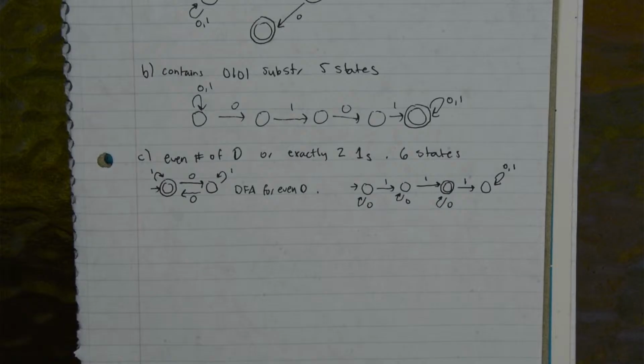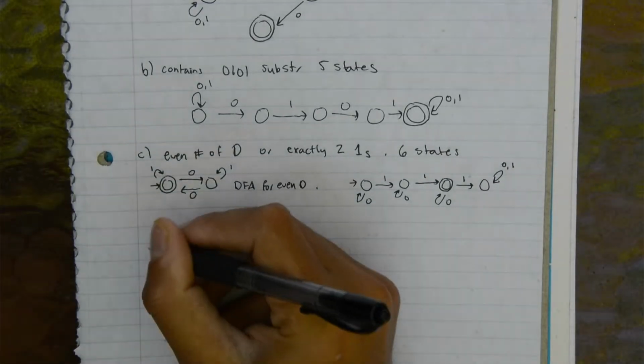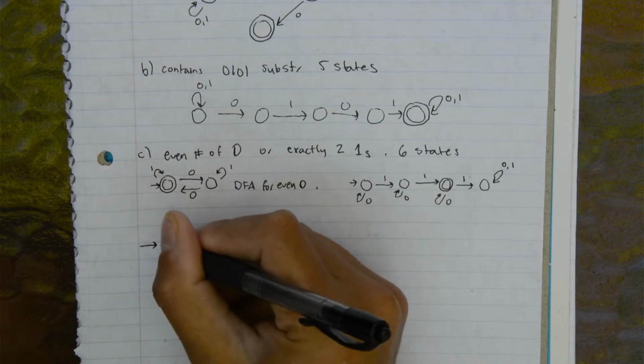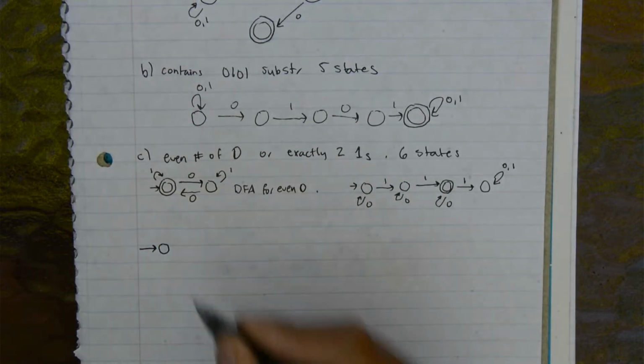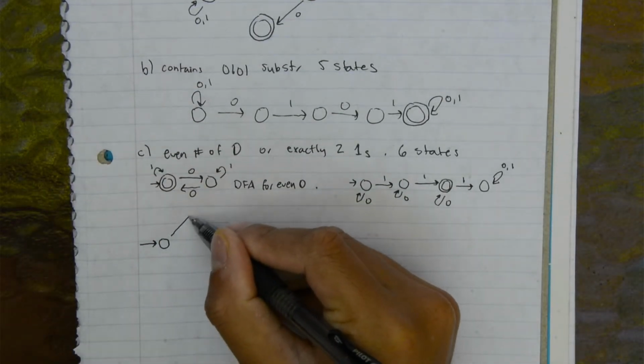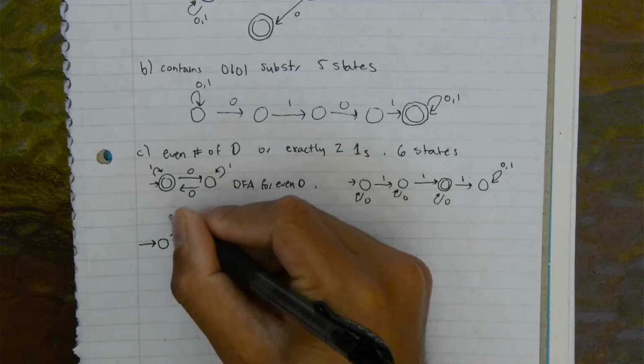Okay, but the NFA that does either of these, what we could do is add a state here, add an epsilon here.